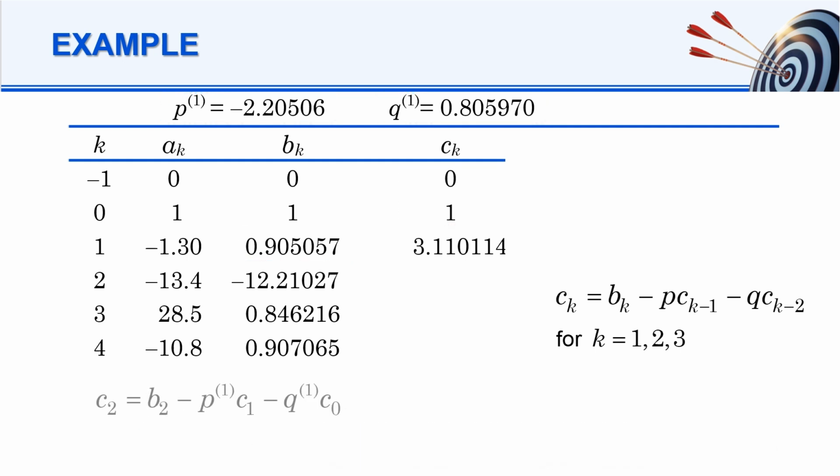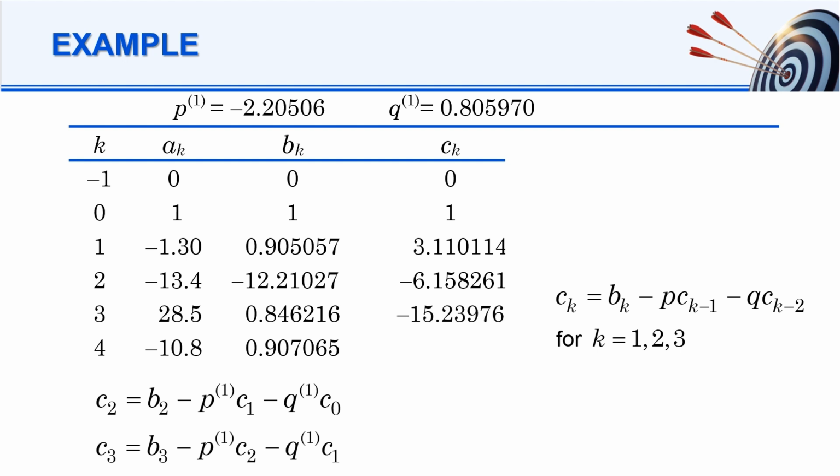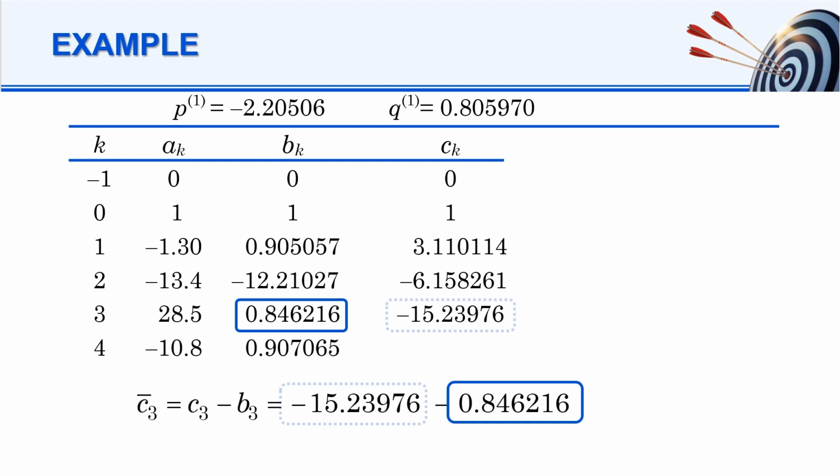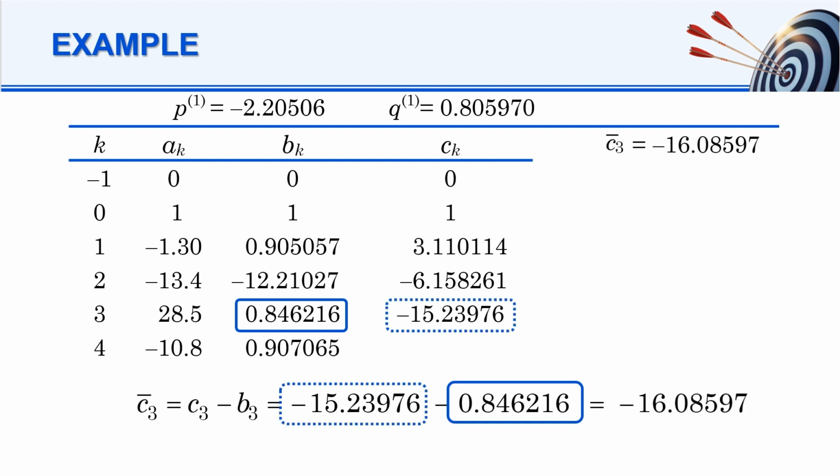Likewise, we determine c2 and c3 to be minus 6.158261 and minus 15.23976. The c bar 3 is obtained as follows. It is found as minus 16.08597.